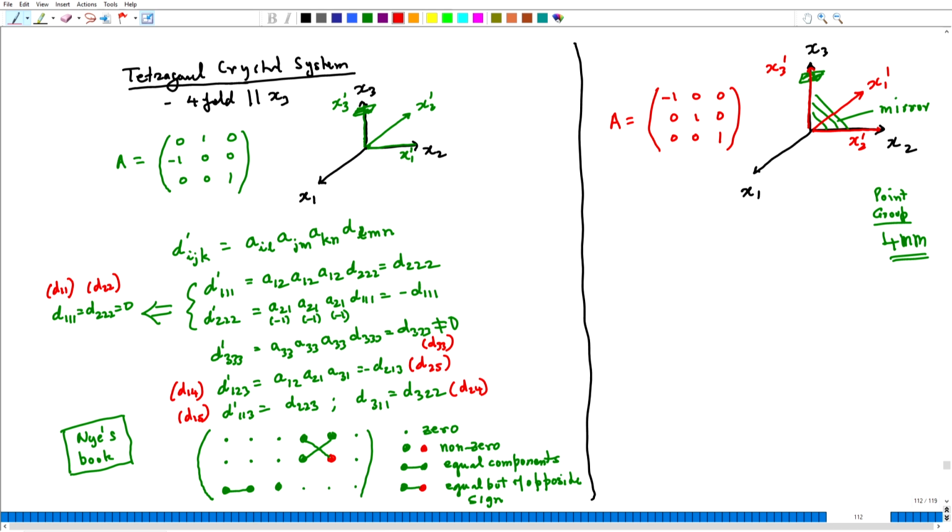And let me take just one component. What will happen to that one particular component? Let me take d prime 1, 2, 3. Now, d prime 1, 2, 3 in the reduced notation is d prime 1, 4. So, I am taking this component.